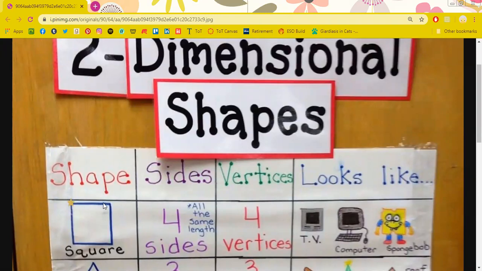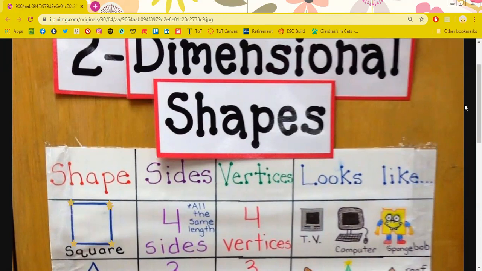Line 1, line 2, they meet and they touch in this corner. If I follow this line down, 1, and the bottom side over, 2, they meet in this corner. And if I follow over here, down and over, we have a 4th corner. So all together we have 1, 2, 3, 4 vertices.